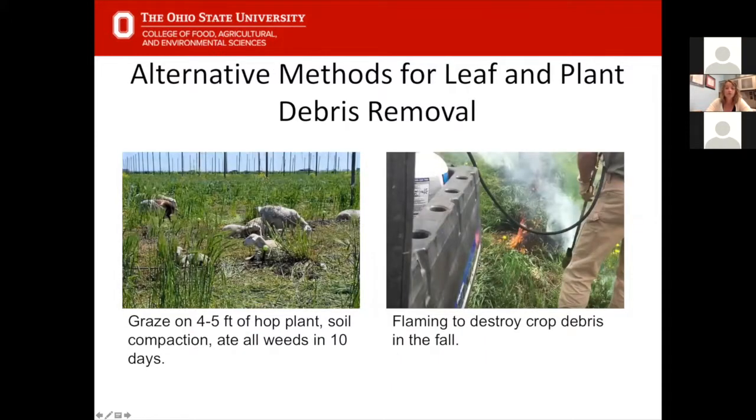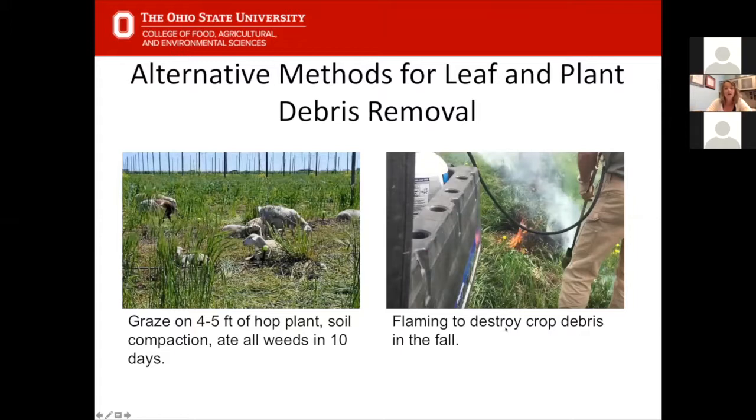In terms of some alternatives, there are a couple of SARE grants that are projects being supported by SARE. One is the use of sheep to trim the bottom portions of the bines for your deep pruning. Whether or not the sheep can transmit the virus, I don't think anybody's looked at that. I just thought it was an interesting, perhaps, alternative.